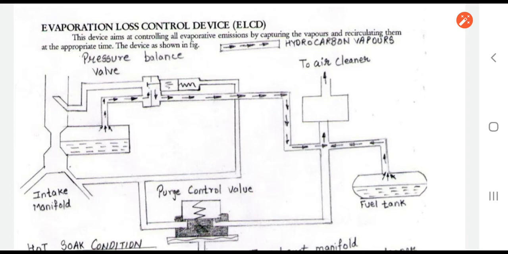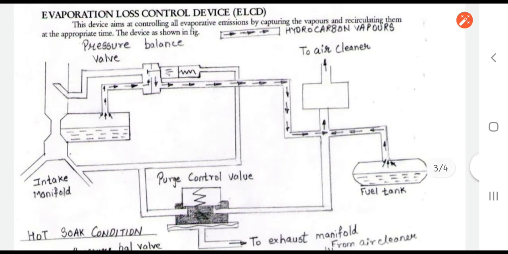Now in this case, even when the engine is running as well as when the engine is in stop condition, because of the higher atmospheric temperature and the temperature inside the engine cylinder and the different systems, there will be chances of evaporation of the fuel.